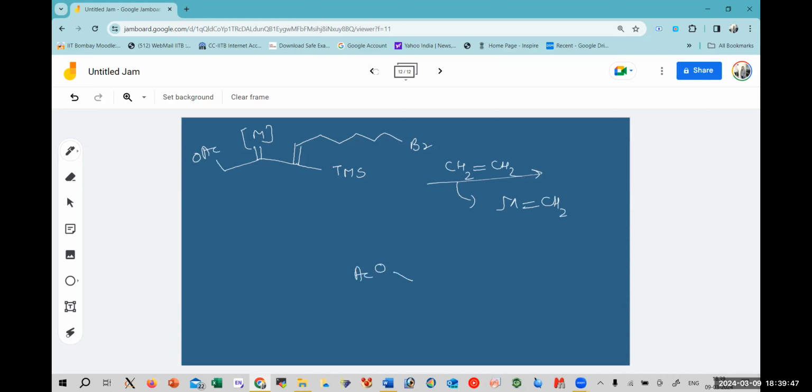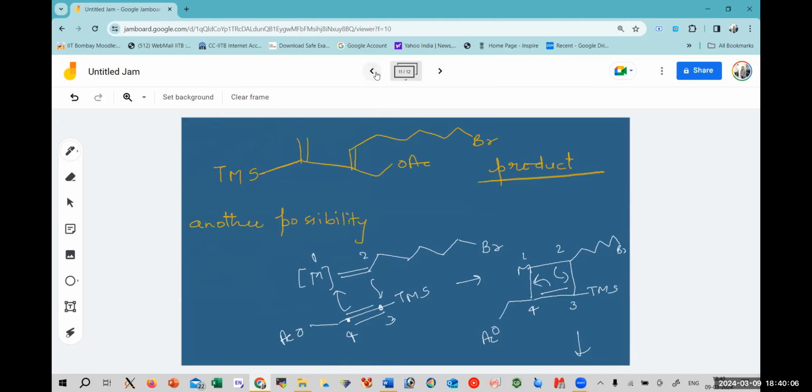OAc, double bond, and TMS. Now if you see here are two products. Earlier, what was the scenario?